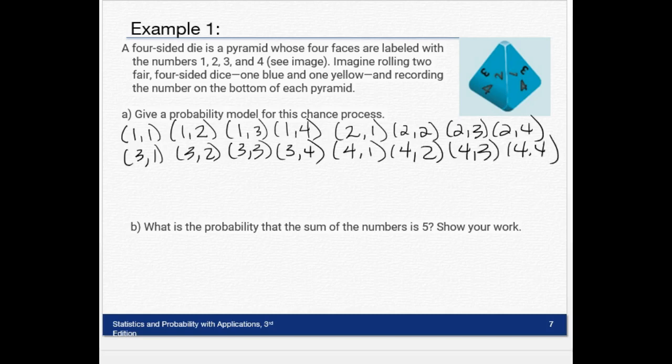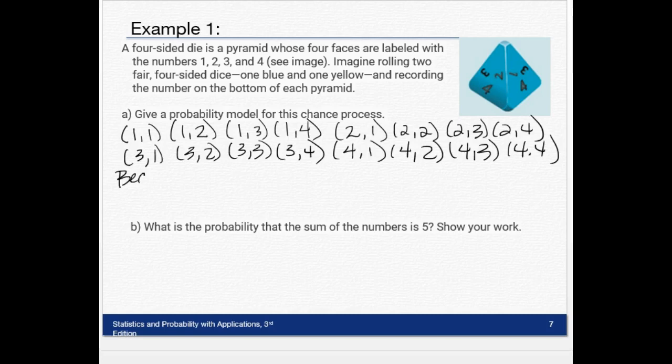Now, we've listed all the outcomes that could happen here. They are all equally likely. So let's think. How many outcomes did we come up with? 1, 2, 3, 4, 5, 6, 7, 8, 9, 10, 11, 12, 13, 14, 15, 16. Okay? So there's 16 outcomes, and they're fair dice.